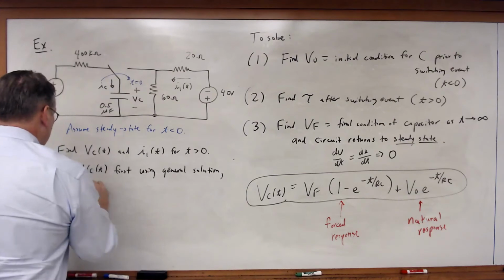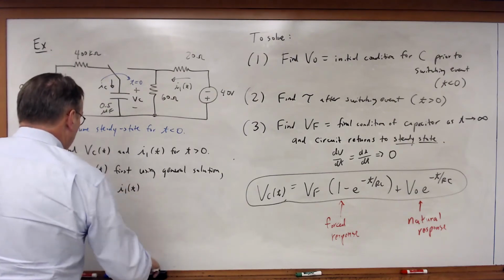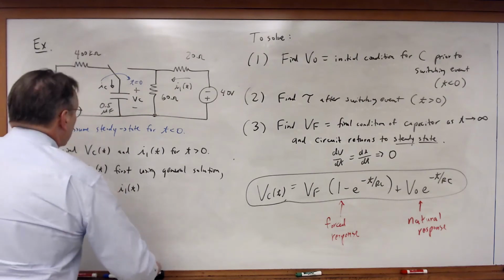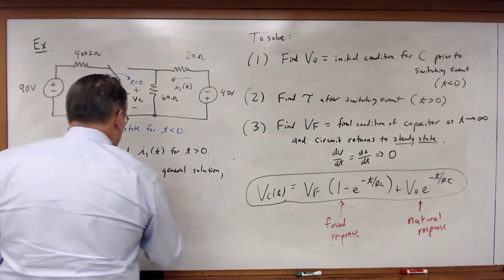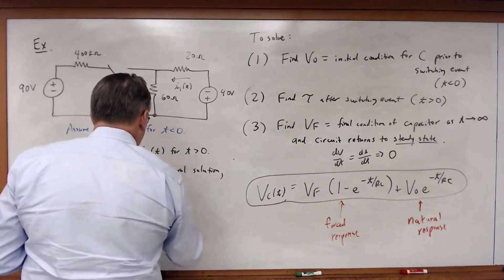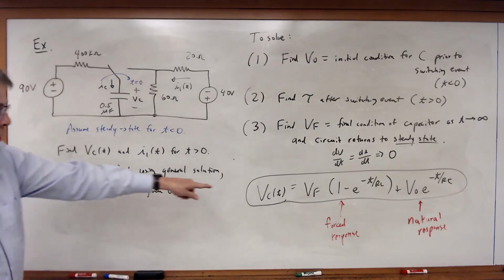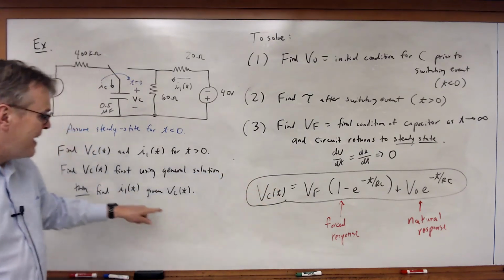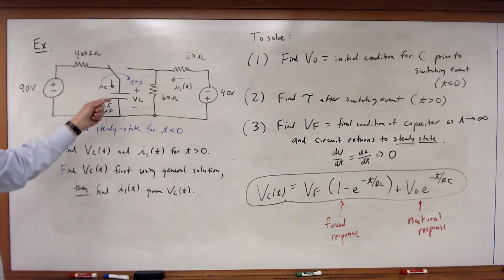Then find I1 of t given VC of t. So VC of t we can calculate directly using this equation. I1 of t we're going to have to calculate indirectly given the value of VC.